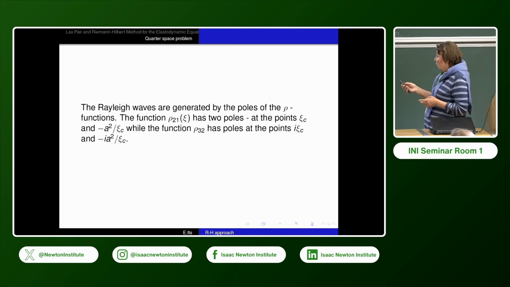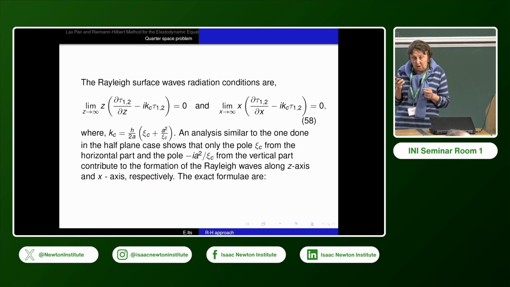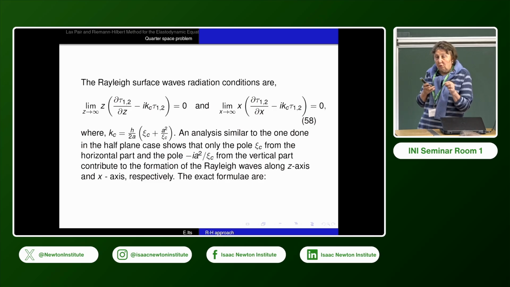But we also have the surface wave radiation conditions, which allow us to find the proper zero, correspondingly the proper pole, which produces the unique Rayleigh waves.